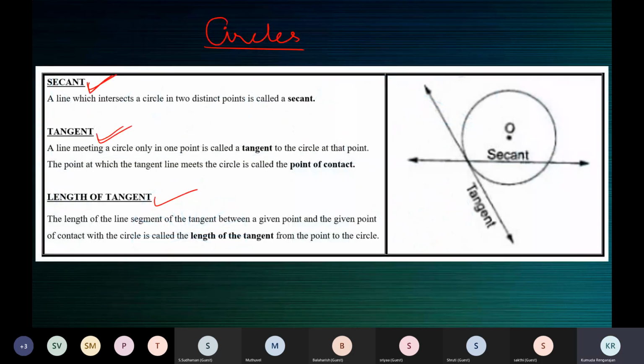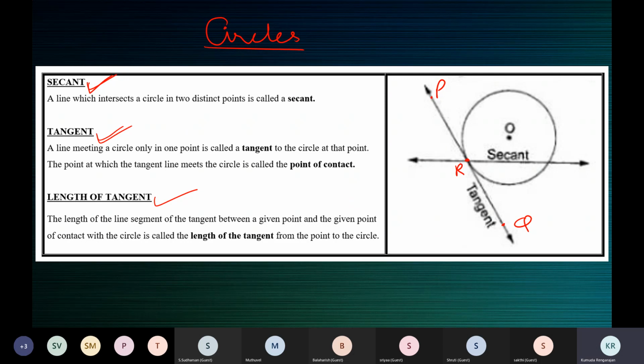What is the length of a tangent? Now, supposing we take a point. We'll call this tangent PQ. Now, supposing this is R. Okay, R is called the point of contact, the point where the tangent touches the circle or intersects the circle or meets the circle.